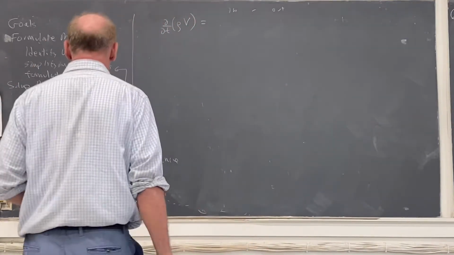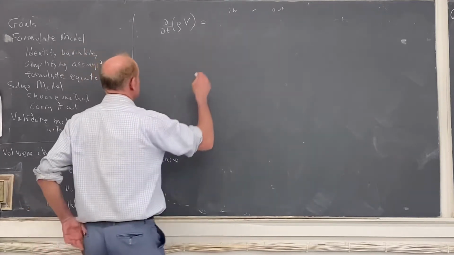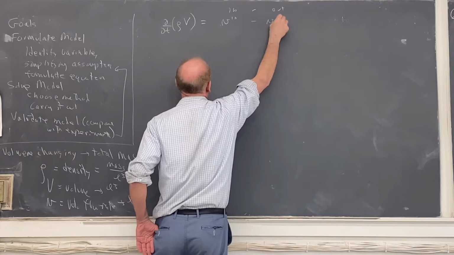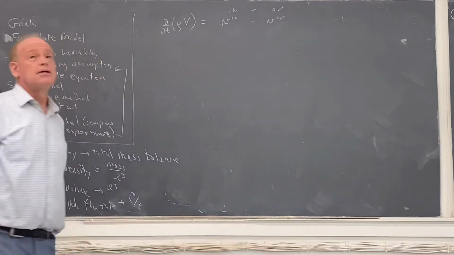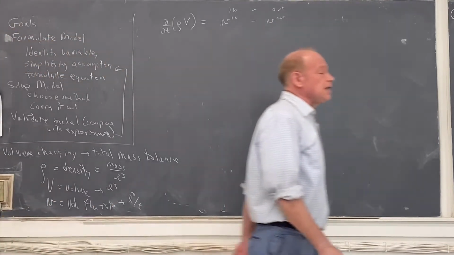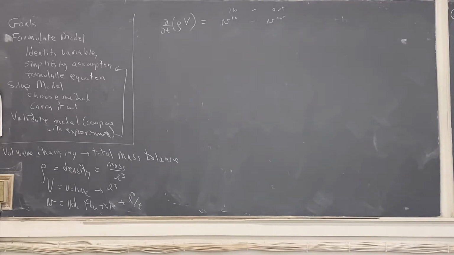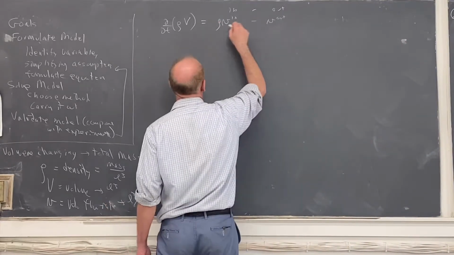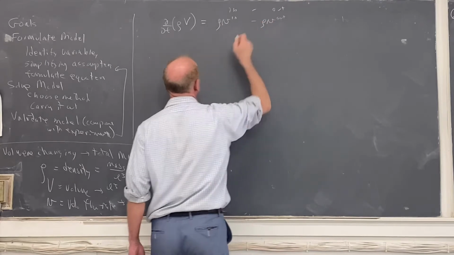So the in is the volumetric flow rate in, and out is the volumetric flow rate out. But I want the mass in and the mass out. So that's rho v in, rho v out.